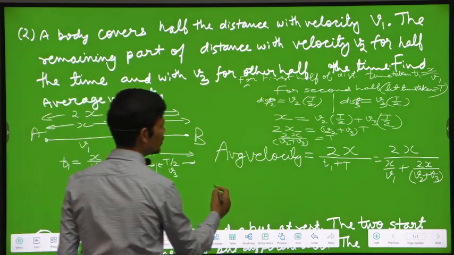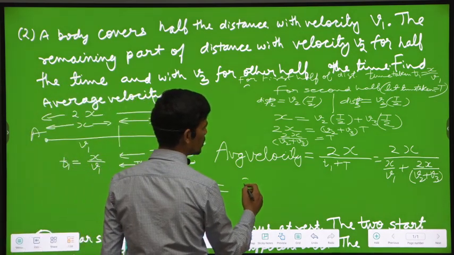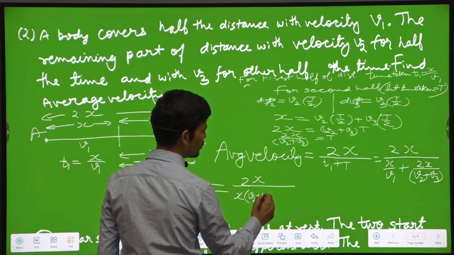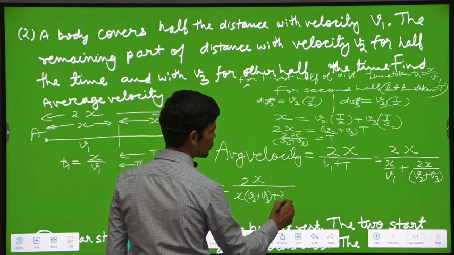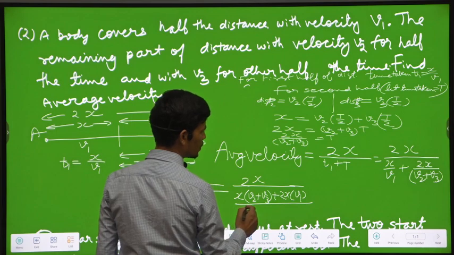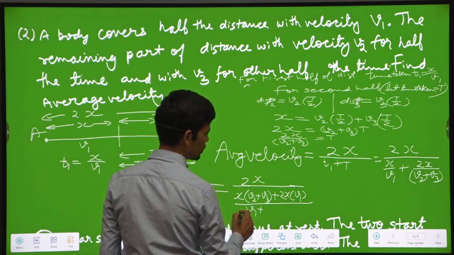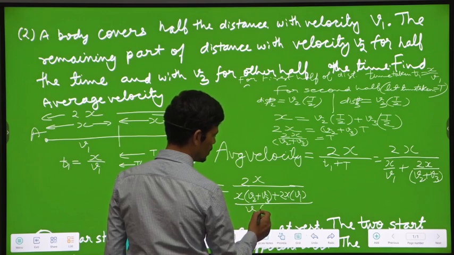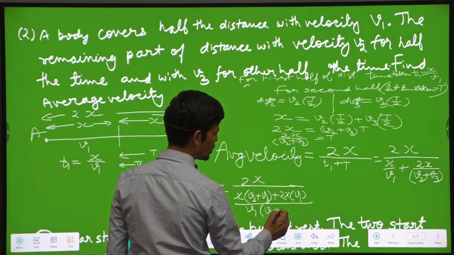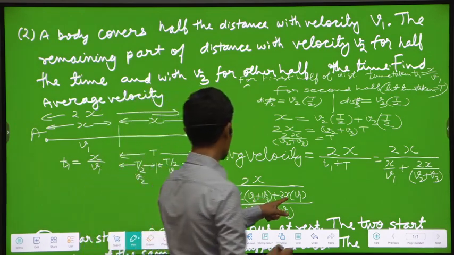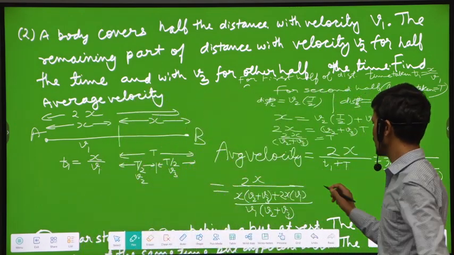If we further solve it, we will get 2x divided by x times v2 plus v3 plus 2x v1, all over v1 times v2 plus v3. So we will take x common, it will get cancelled.